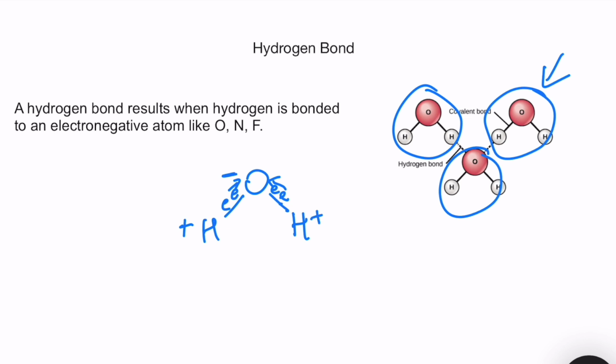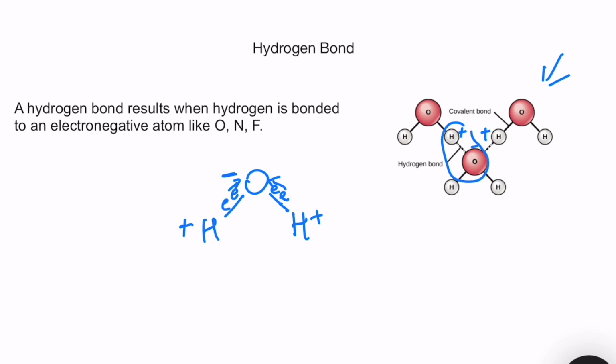When you put a whole bunch of water molecules next to each other, you are putting a whole bunch of negative and positive charges closer to each other. So this hydrogen is slightly positive, this oxygen is negative, this hydrogen positive. And so again, the positive and negative charges are attracted to each other. And what happens is that an attractive force forms between one hydrogen of one water molecule and one oxygen of the other water molecule.